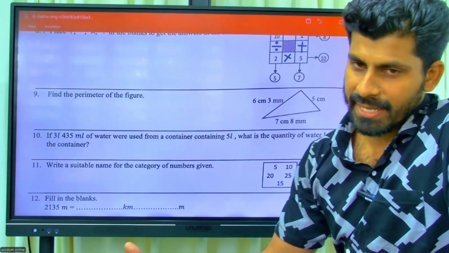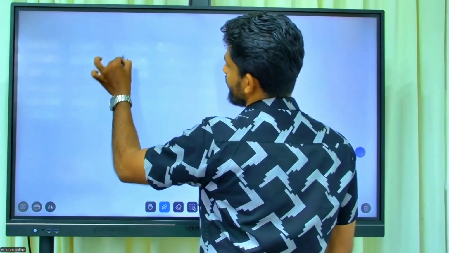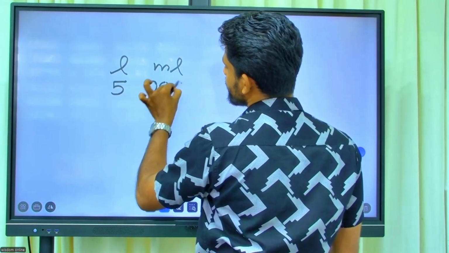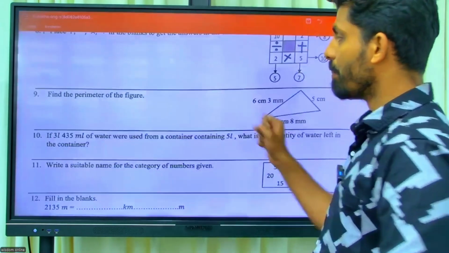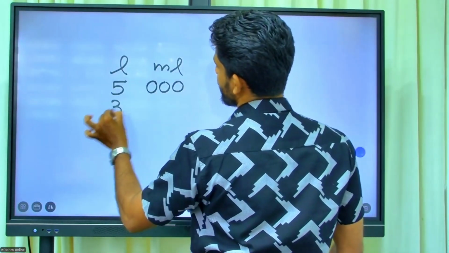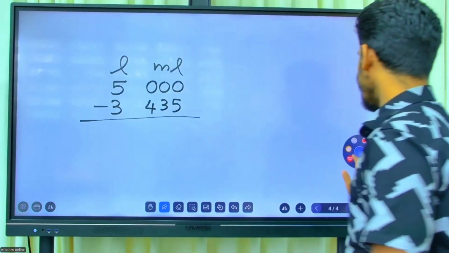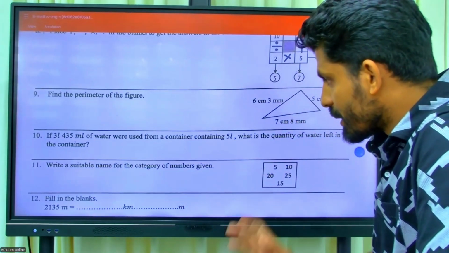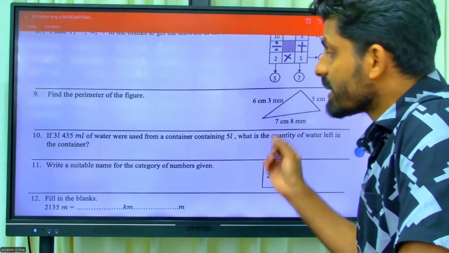We need to find the remaining amount. That means 5 liters minus 3 liters 435 milliliters. What is the quantity of water left in the container?